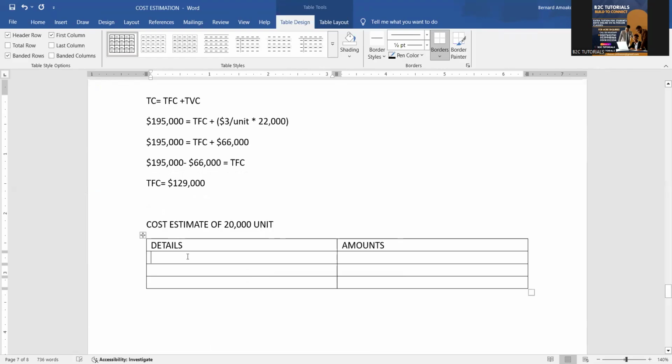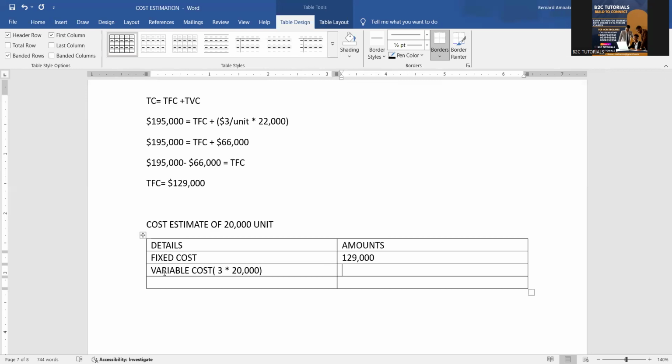Now, don't forget, cost estimate is the fixed cost, which we have determined of the 129,000, and then the variable cost, which is actually going to be the variable cost per unit, that is 3, multiplied by the number of units we are looking out for, which is 20,000.